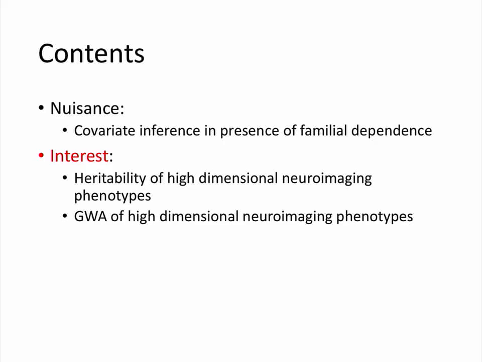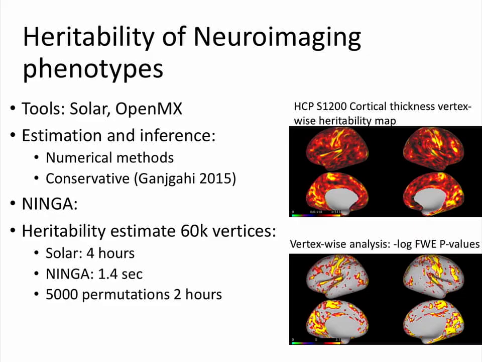In the rest of the talk, I'm going to talk about how this familial dependency can be useful to do more advanced analysis. Tools that are available for doing heritability, as I mentioned earlier, rely on numerical methods. More importantly, they can be conservative. On the other hand, Ninja can give you a fast and powerful analysis.